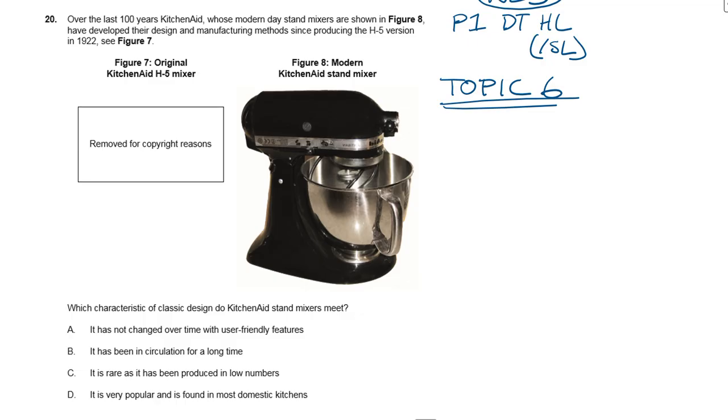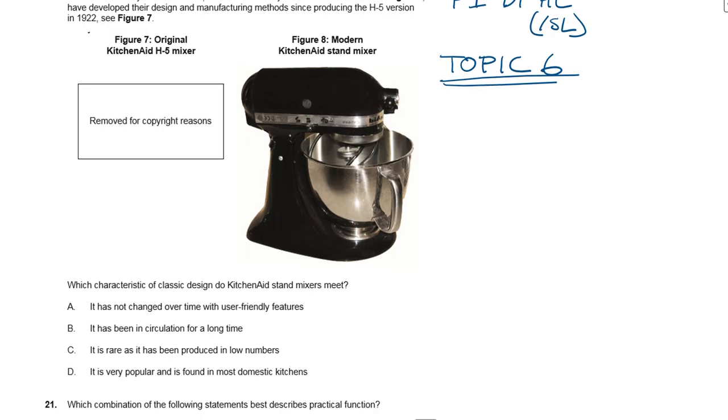What we can do is search up KitchenAid H5 and we'll get an image of what the 1922 version looked like. And it looks pretty similar. It just looks a bit more bulky. It's taller. So just have that reference image and let's look at our possible answers.